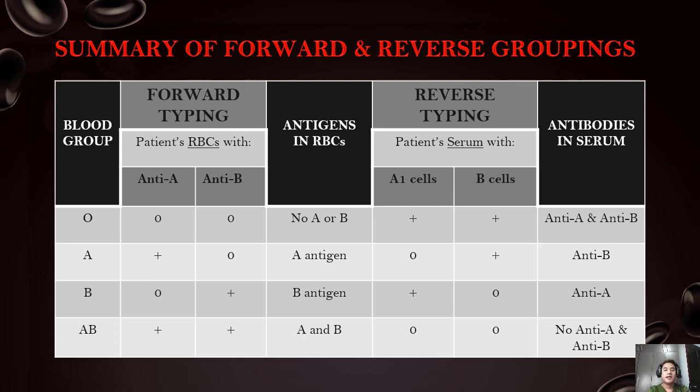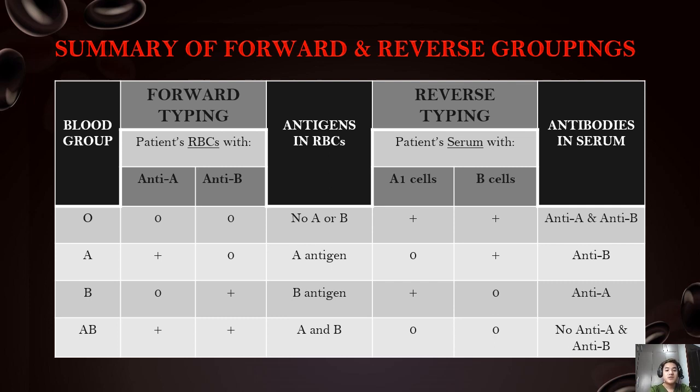So, for a group O person, he has no antigen present on his RBCs, which means his red cells will not react to the anti-sera A and anti-sera B under forward typing, but shows the presence of A and B antibodies, which are the antibodies for the antigens he lacks.